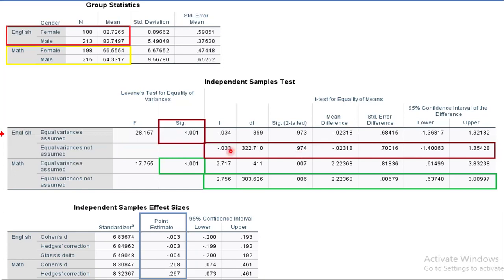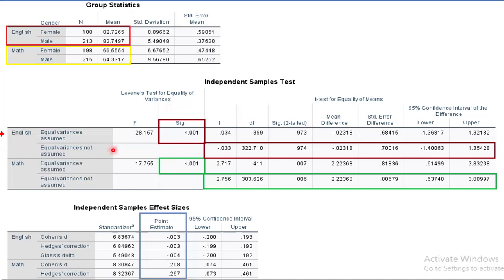So we can conclude that the significant difference between male and female in case of English subject is not confirmed, or we can say that there is no significant difference between male and female in case of English subject, because the t value is less than 1.96, and the sig value is greater than 0.05 in case of English subject.